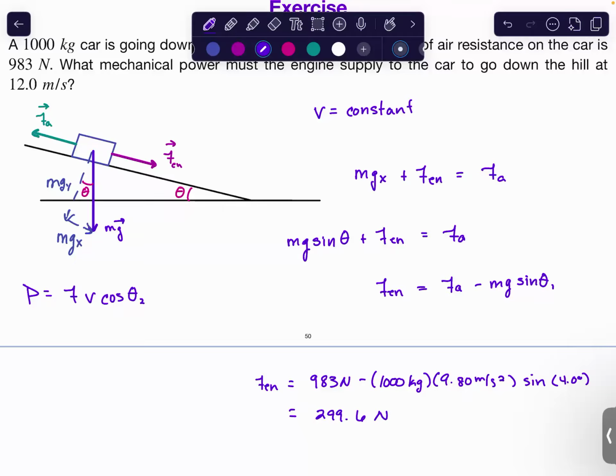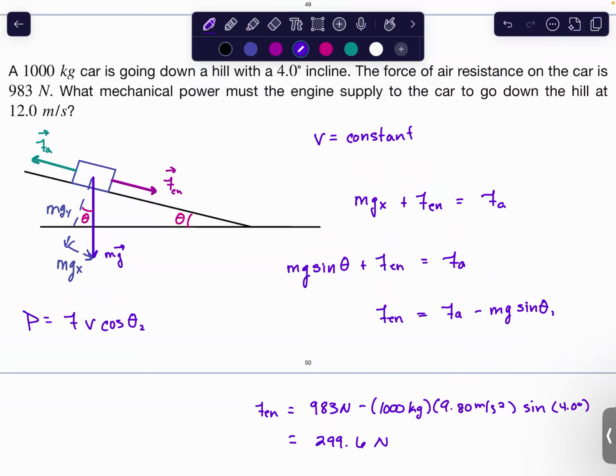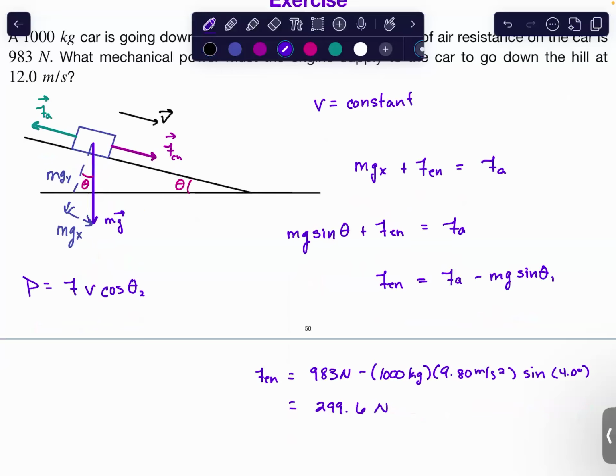Okay, we'll finish this up. The velocity, of course, is going that way. So when we go to our definition for power, what is the theta between velocity and the force of the engine? The 4 degrees is to solve over here.